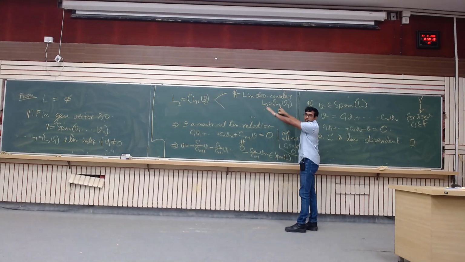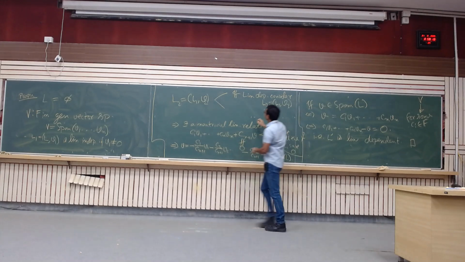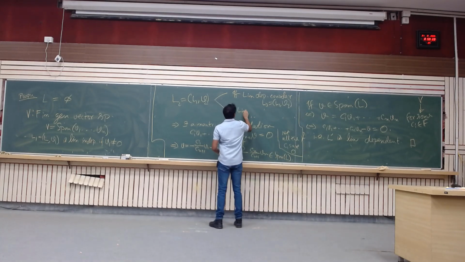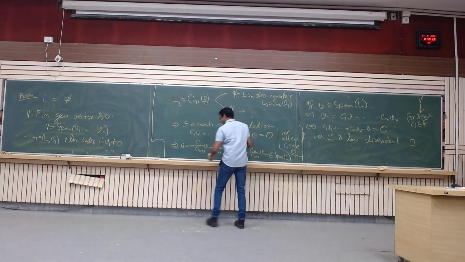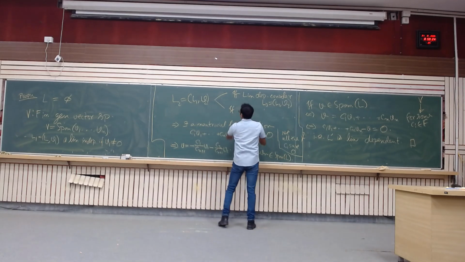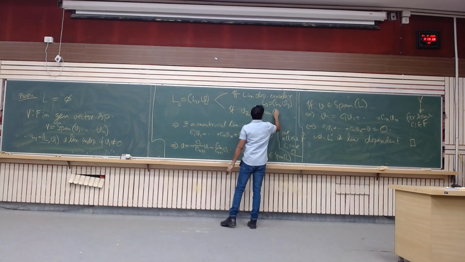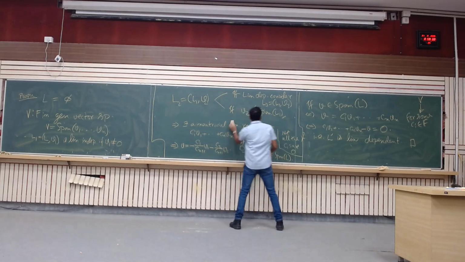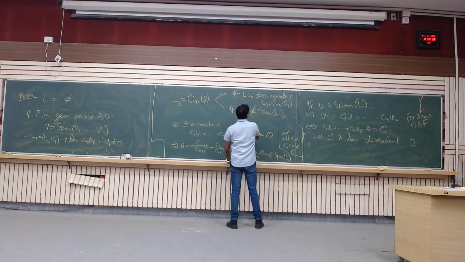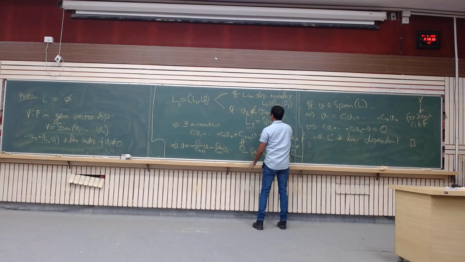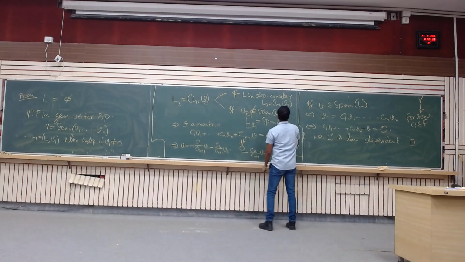So you are not considering V2 at all. Otherwise, if linearly independent, that is, if V2 is not in the span of L1, then consider L2 as L1 and V2, and proceed.